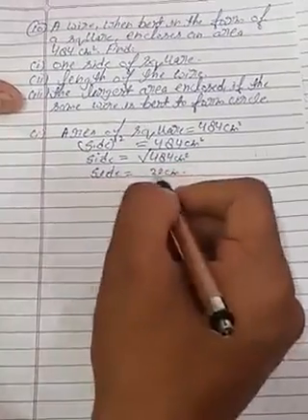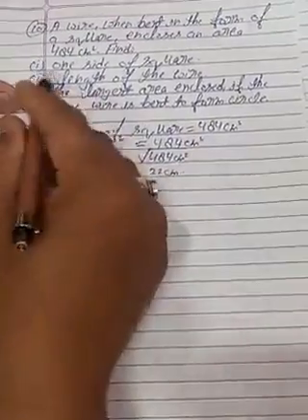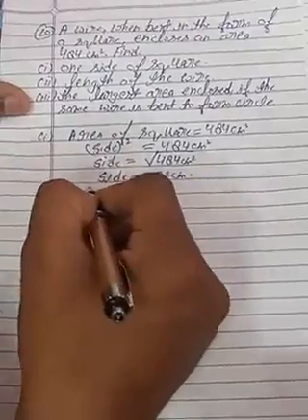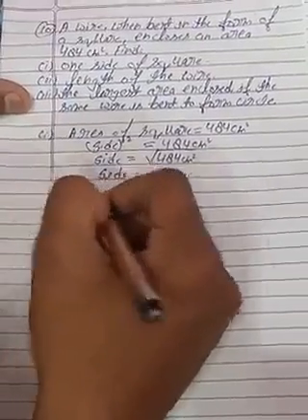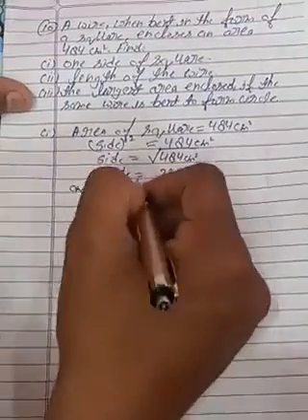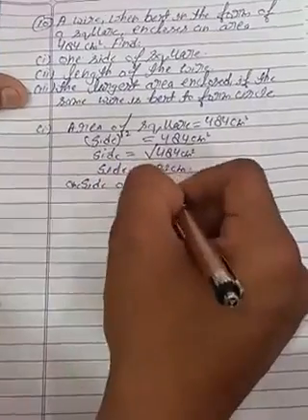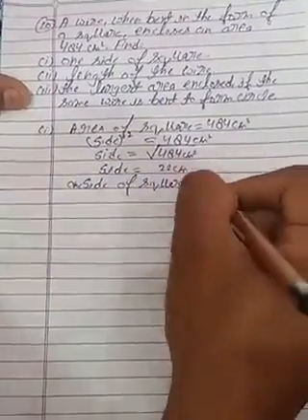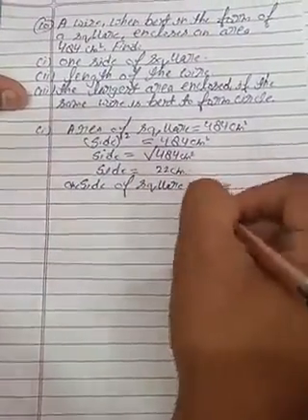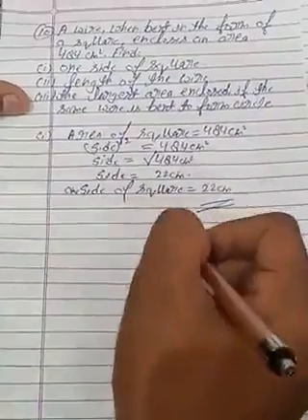So side is coming 22 centimeter. So student, first part, one side of square is equal to 22 centimeter. It is the answer of first part.